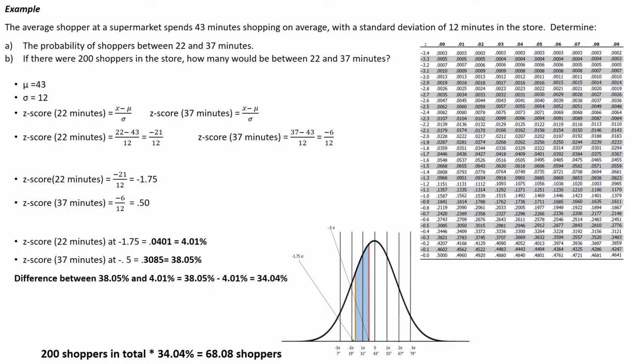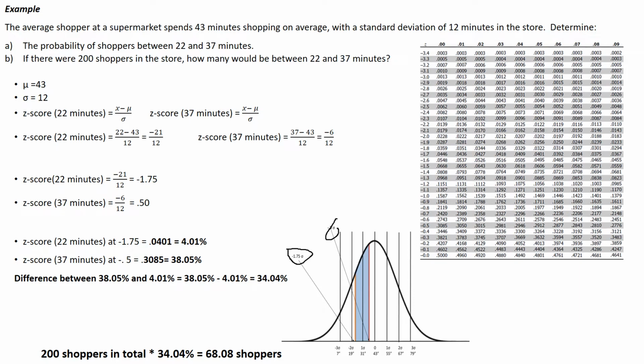So what I'm looking at here is between negative 1.75 and negative 0.5. Here is negative 1.75, I'm pointing it down here, and negative 0.5 is right here. So we want to know the space between here and here.